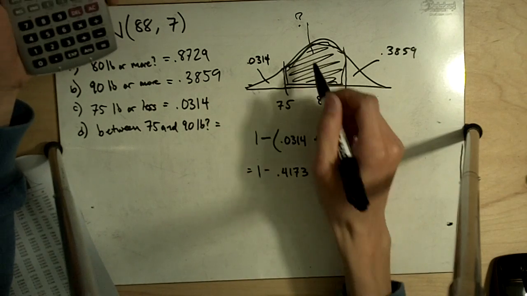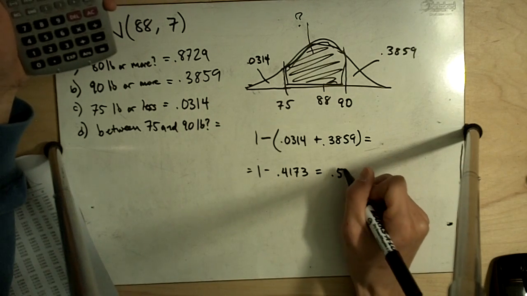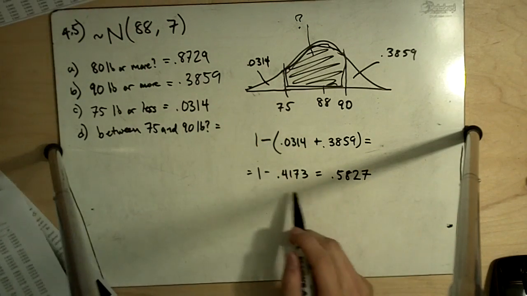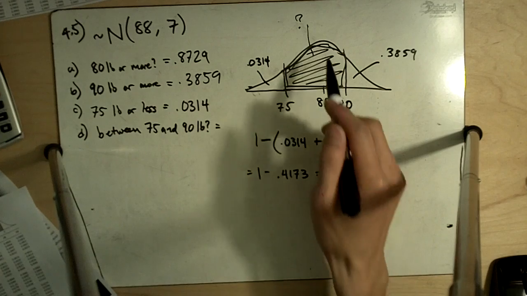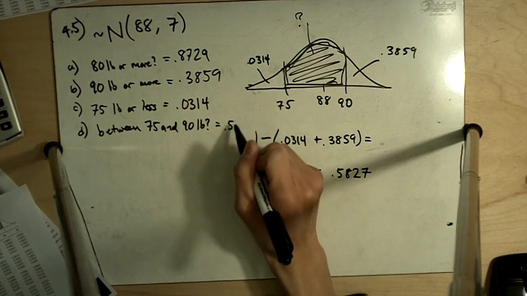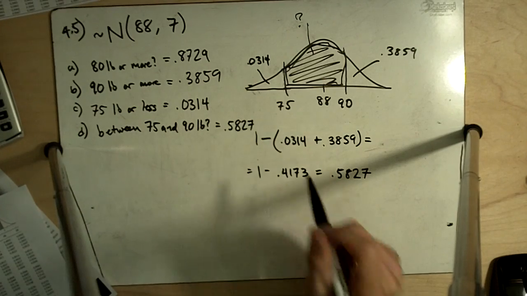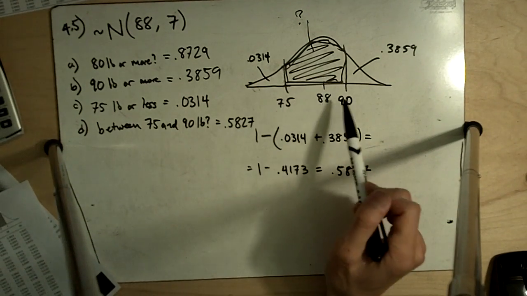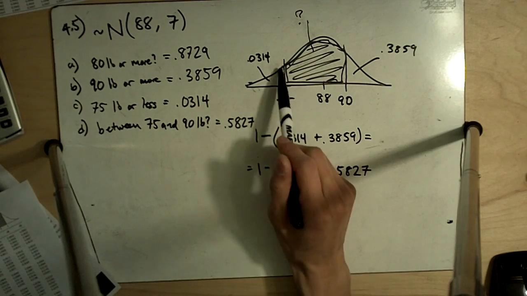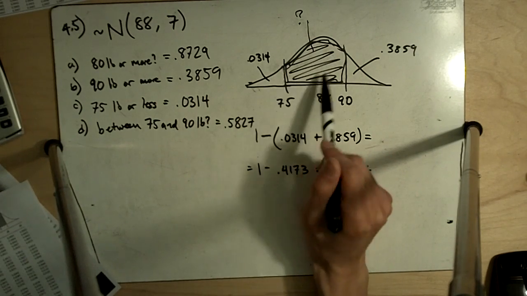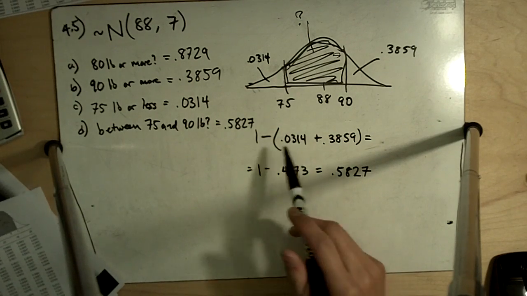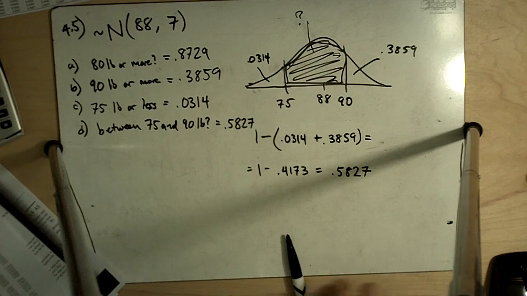And so what's left is going to be 1 minus 0.4173, which is 0.5827. So rather than recalculating everything, I just used what's in this area and that area, and since everything under the curve adds up to 1, I found what's left.